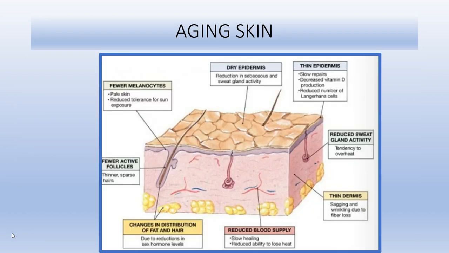So with aging skin, we have thinner skin, we have dry skin, we have reduced sweat activity, we have thinning of the dermis, as well as the epidermis and flattening of that epidermal junction. We have decreased blood supply and changes with loss of the hypodermal and subcutaneous fatty tissues.